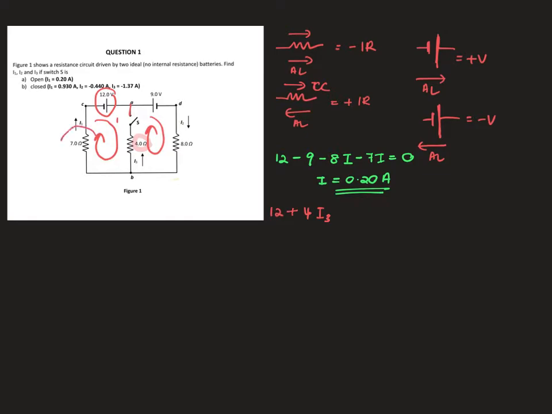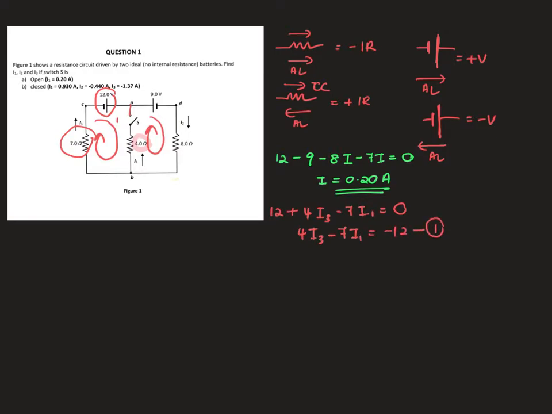Then I'm going to put here, this is in the same direction, therefore I'm going to get negative 7 I1 equals to what? Equal to 0, based on the concept of Kirchhoff voltage law. So here I'm going to rearrange. So I3 minus 7 I1 equals to negative 12. So this is going to be my first equation.